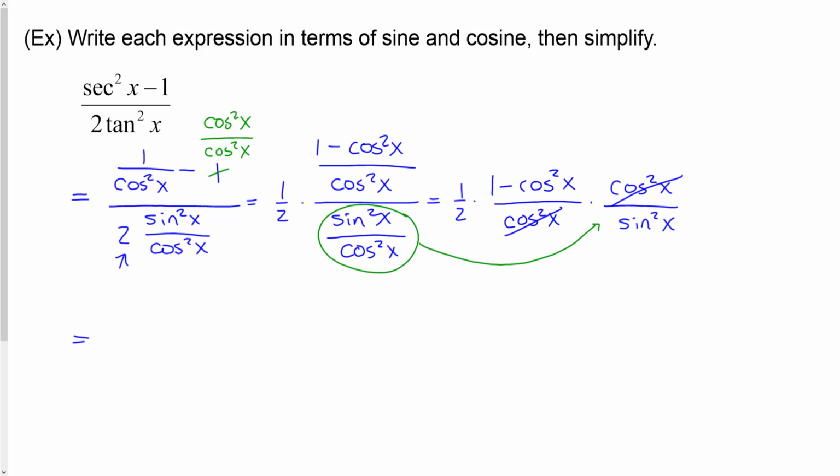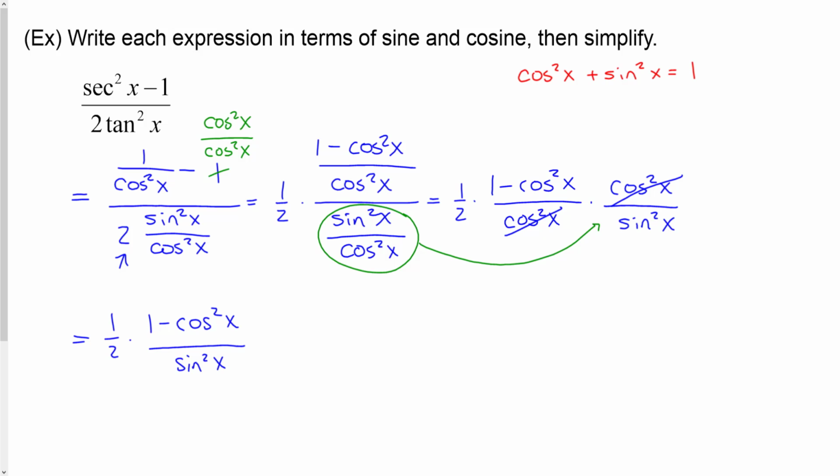So I now have 1/2 times 1 minus cosine squared x over sine squared x. In this situation, let's see what we can do. I'm going to come off to the side and do a little bit of scratch work. I know cosine squared x plus sine squared x is equal to 1. That's the Pythagorean identity. In the numerator, I've got a 1 and a cosine squared; they just happen to be subtracted.